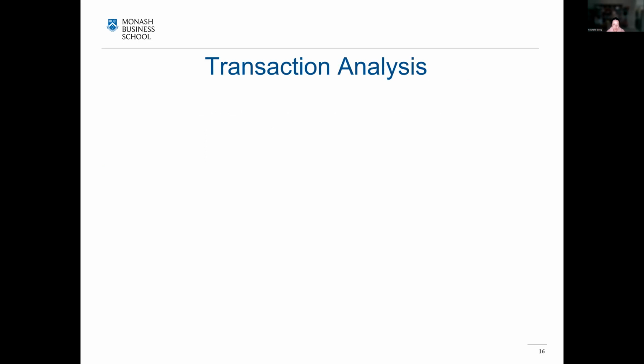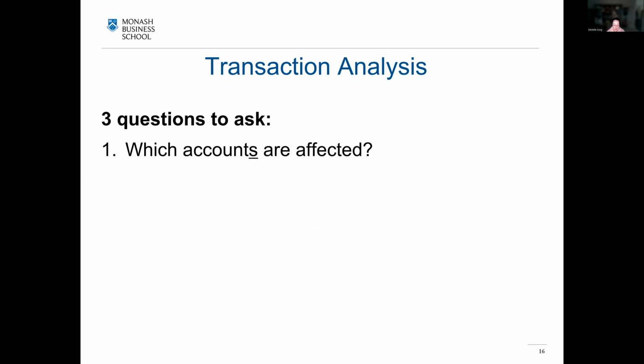So back to transaction analysis. In any transaction, whenever we throw you a transaction, you will have to ask yourself the following 3 questions. The first question is: which accounts are affected in this transaction? Whenever we talk about accounts, you may notice that here we talk in the plural.